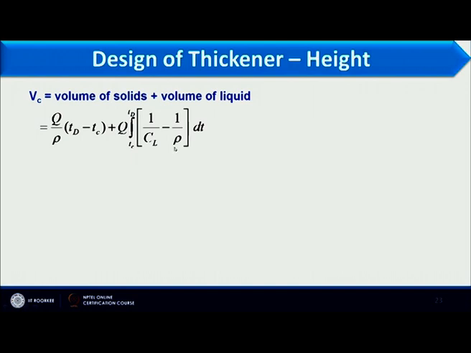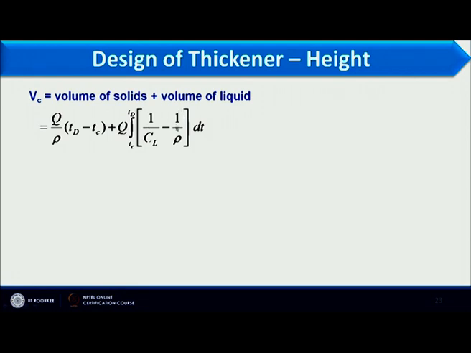Now, what is this particular section? Q is the total mass flow rate of the feed, and then 1 by Cl minus 1 by rho. If we multiply this by Cl, it becomes 1 minus Cl by rho. This Cl by rho is the concentration of solid divided by the density of solid, which is the fraction of solid available in the compression zone.